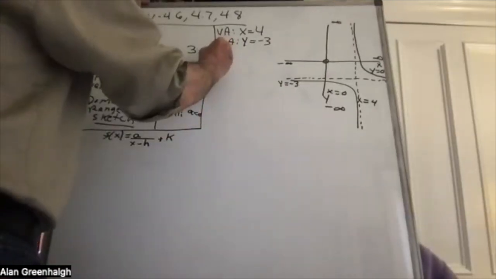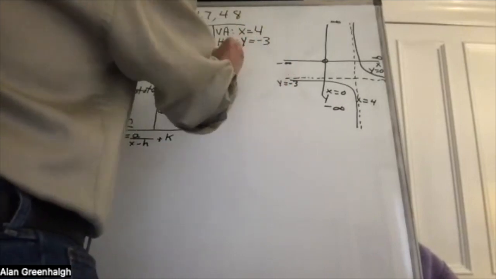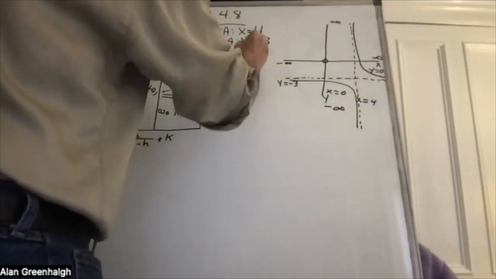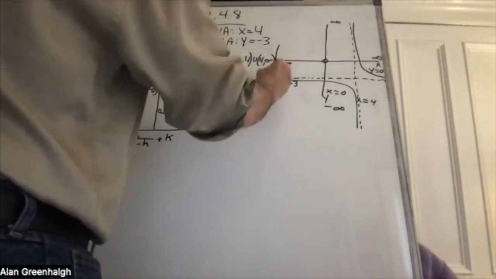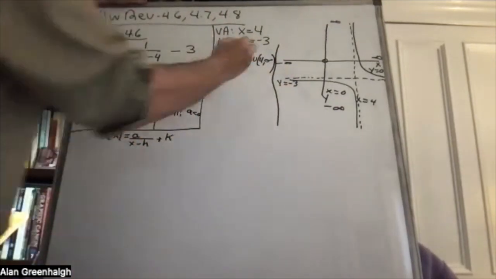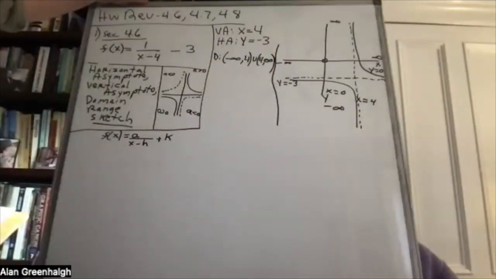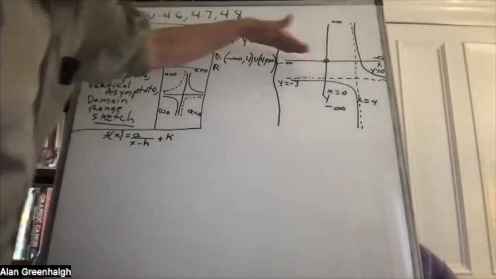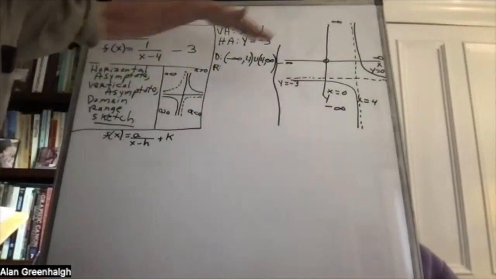Okay? Now the domain will go from -infinity to the vertical asymptote, and then from the vertical asymptote to infinity. And the range, so the domain goes left to right, and the range goes top to bottom.